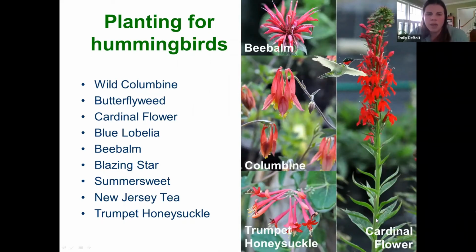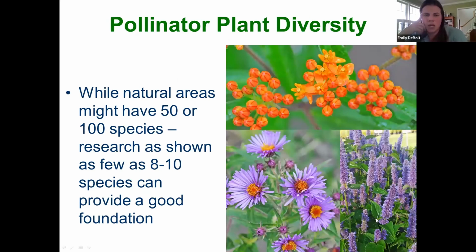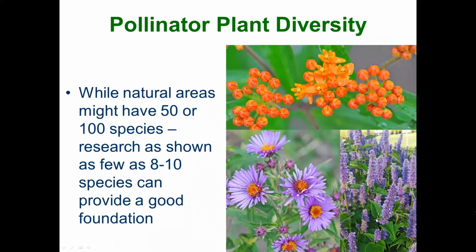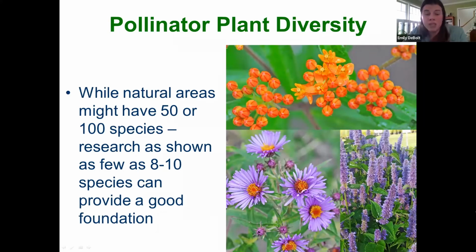So again, have these lists, or be thinking about what you're interested in, to help guide you, because otherwise it can be a little overwhelming with the number of plants available. If you're really interested in a pollinator garden, natural pollinator areas have a lot of species, but there's been some research showing that something as small as 8 to 10 species could be a really good foundation in your yard.